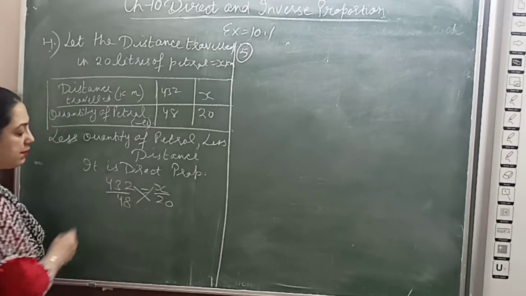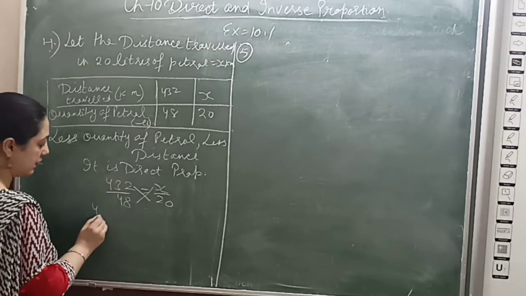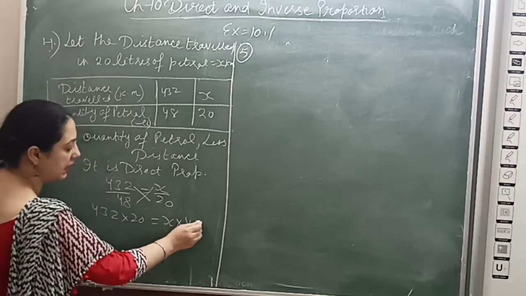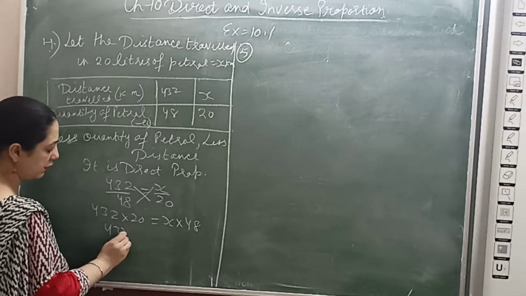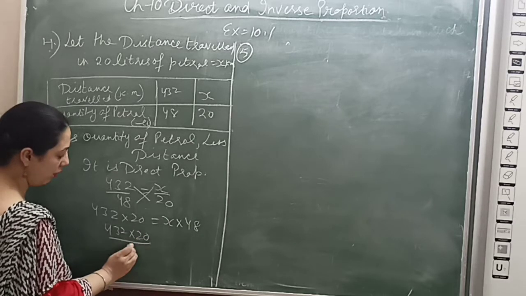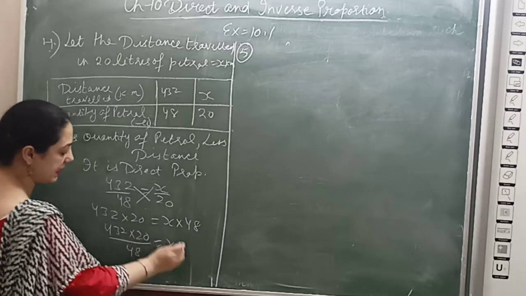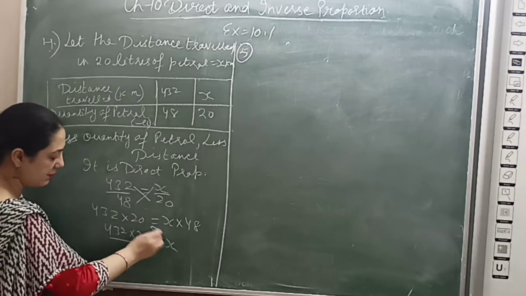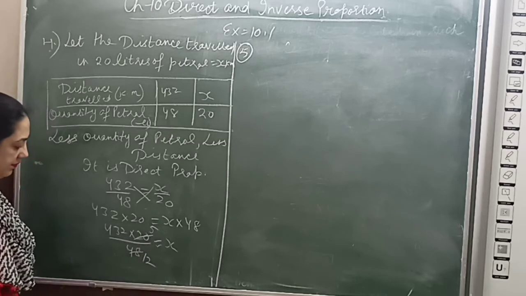By cross multiplying, we will find the value of x. 432 into 20 equals x into 48. Now 432 into 20 over 48 is x. Now when I do the cutting, you know 4 5s are 20 and 4 12s are 48.